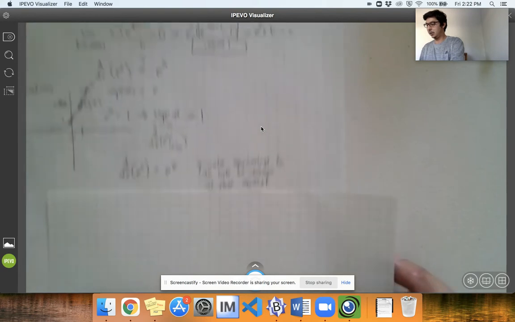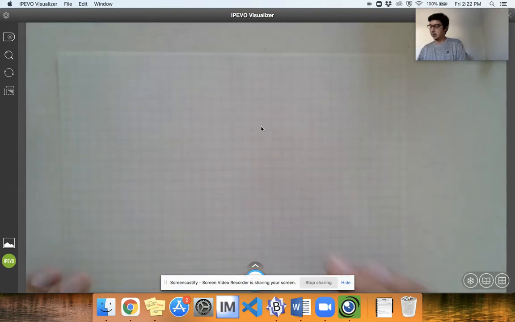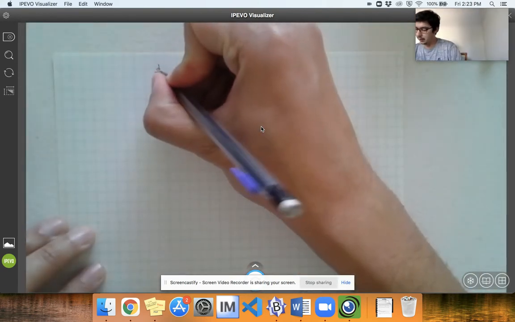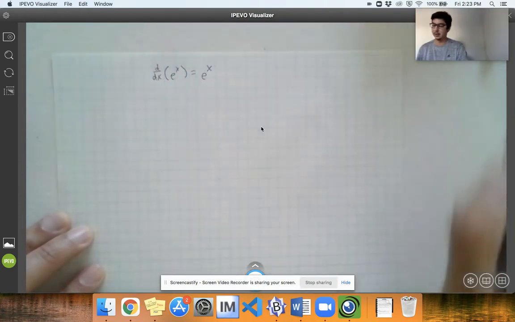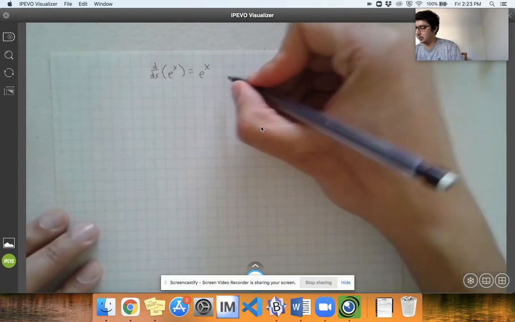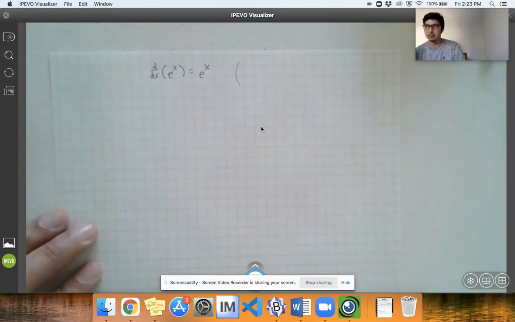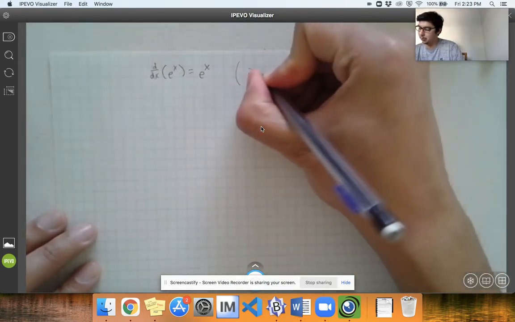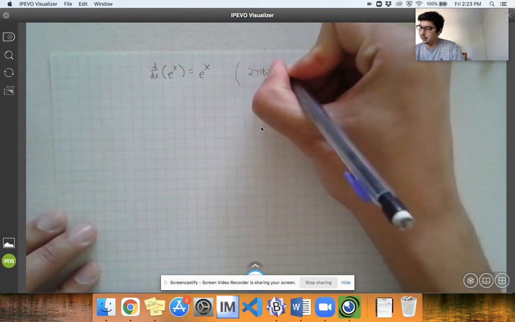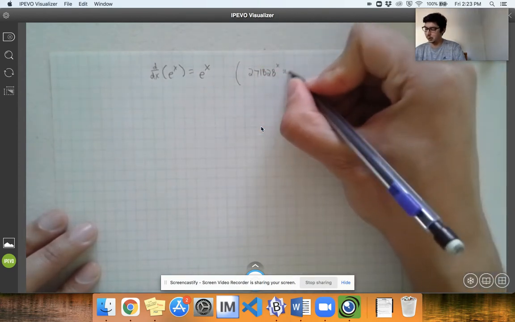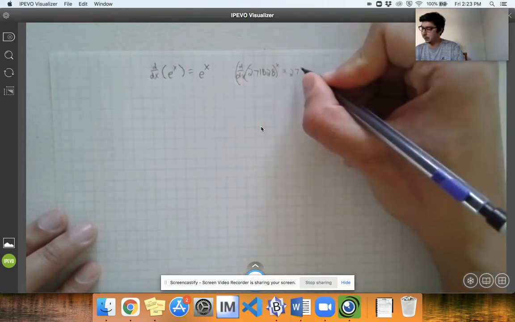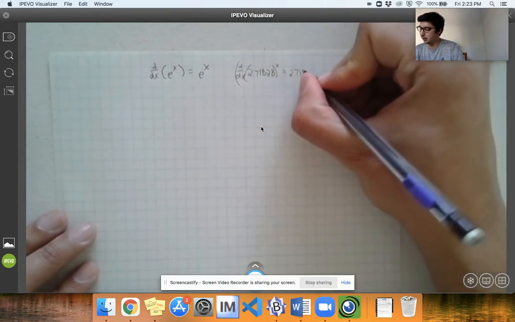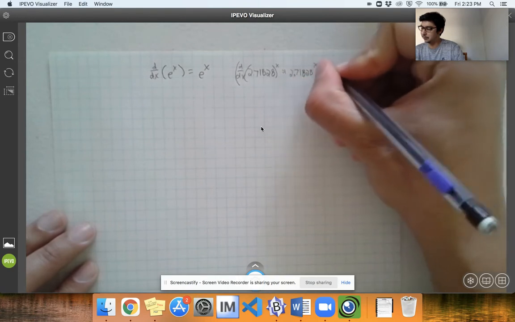So if I start on a new page here, what we know is that we just found out that the derivative of e to the x is equal to e to the x. Now remember that e to the x is like 2.71828 to the x, approximately. The derivative of this is equivalent to 2.71828 to the x.